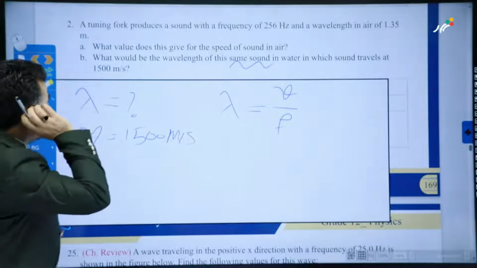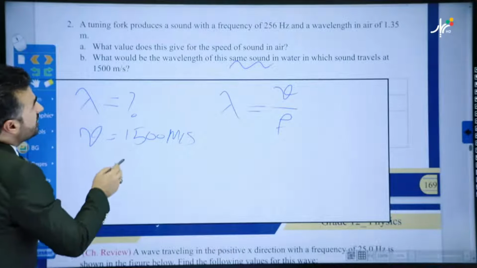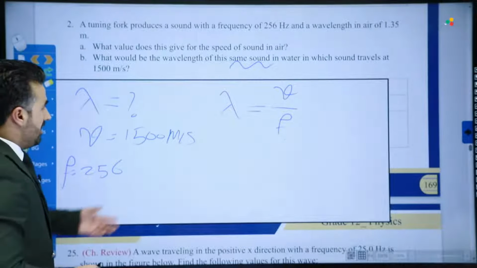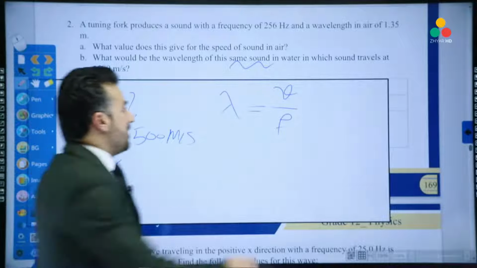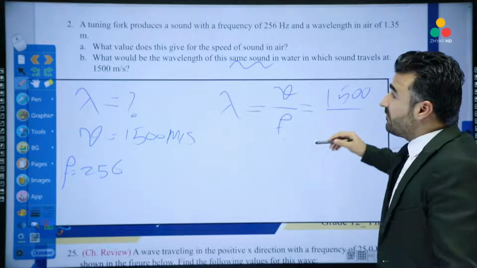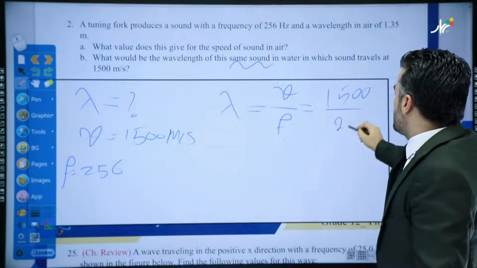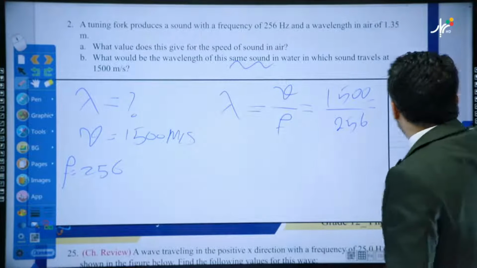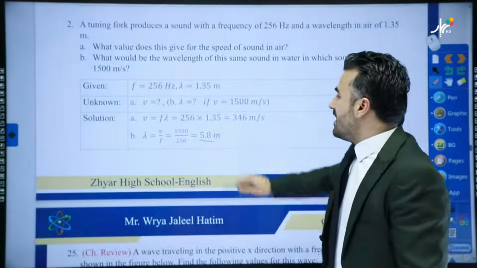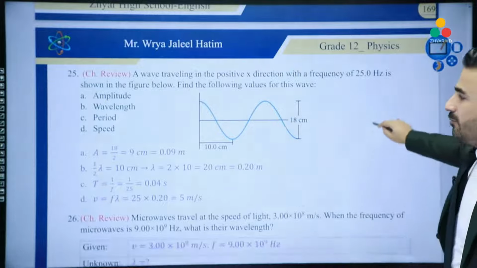So what was the frequency that we have? The frequency is 256 hertz, yeah? And then, of course, now you can find the wavelength, okay? So 1,500, that is the speed of the sound wave, divided by the frequency, which is 256. Use your calculator, and the answer must be 5.8 meter. Okay, since it is a wavelength, it is just in meter.